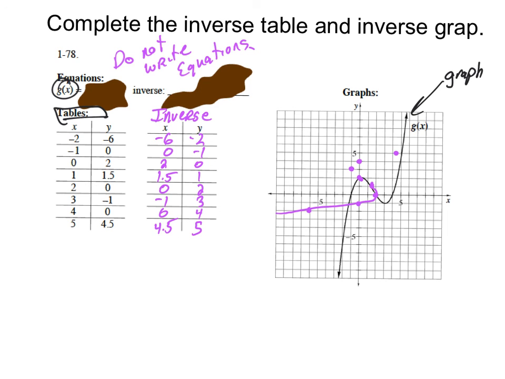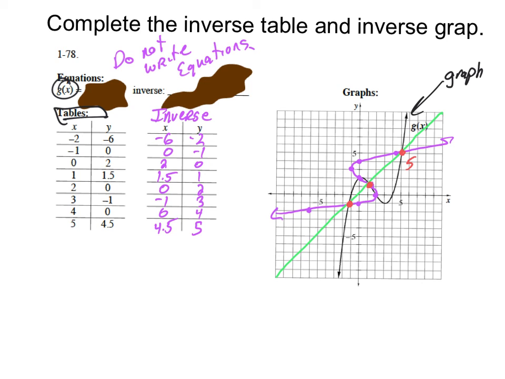The graph kind of looks like this. And if we draw our line y equaling x, they look like reflections over the line y equaling x. Now, a couple things to notice. Points that are on the line are on both graphs.